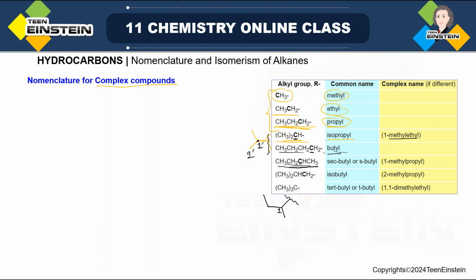Okay. Then we will have 2 carbon. This is 3 carbon. So this is the connection point, and in the connection point, one side there is ethyl group, another side there is methyl group. So obviously numbering will be the longest chain 1, 2, 3. But this methyl is the methyl group here. So that is why its common name is secondary butyl, but actual name will be 1-methyl propyl.